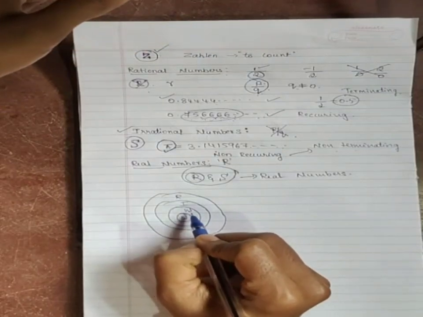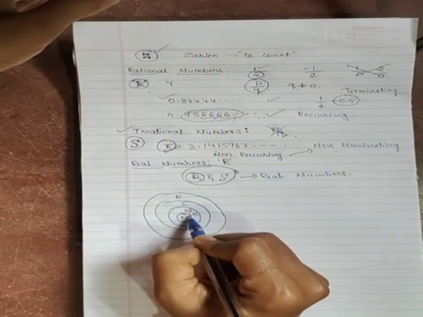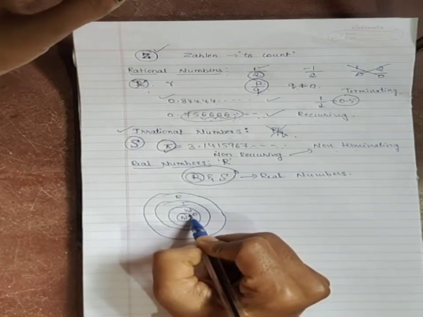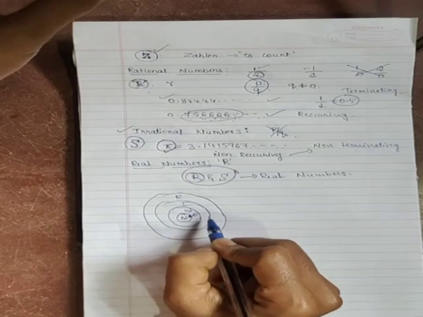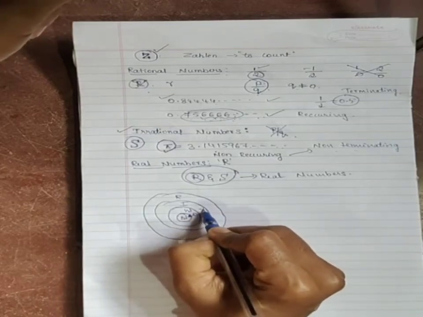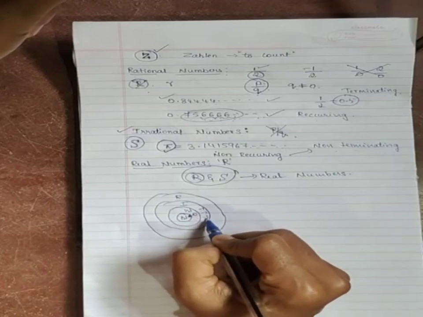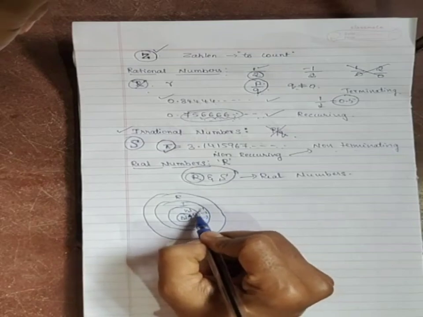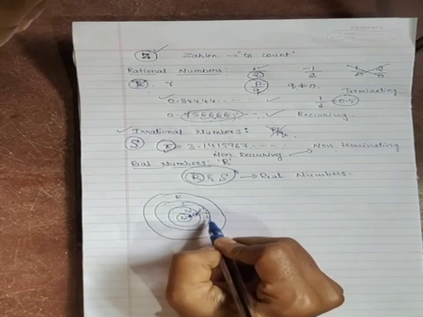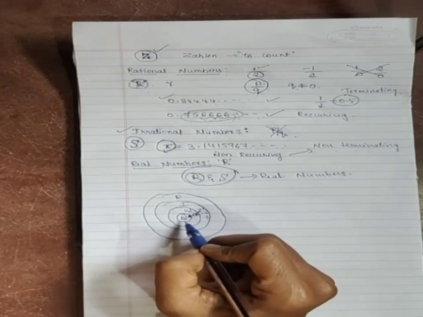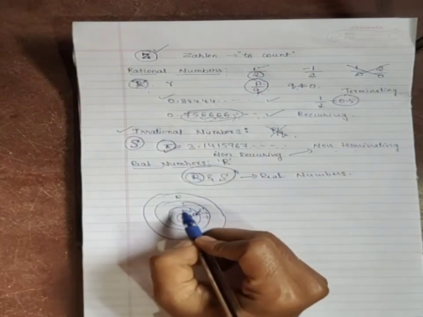Whole numbers include 0 and all natural numbers: 0, 1, 2, 3, 4, 5, 6, and so on. Integers include the negative numbers too: -1, -2, -3, and so on, along with 0, 1, 2, 3, 4, 5, 6. So they are related to each other.